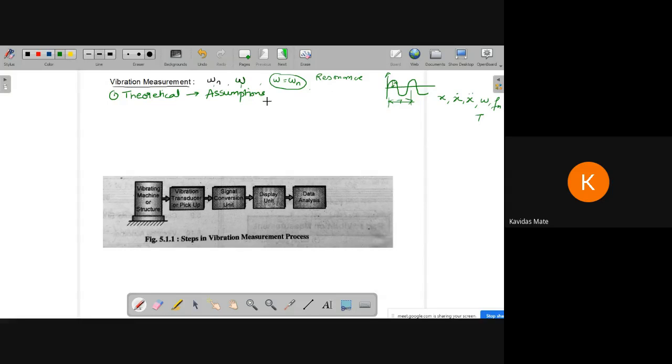So the actual measurements may not match the theoretical ones, but will vary from them. Basically, we need a device to measure x, x dot, x double dot, f, and so on.